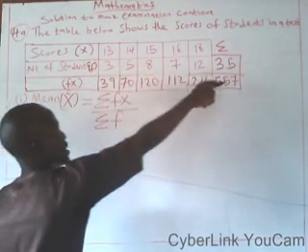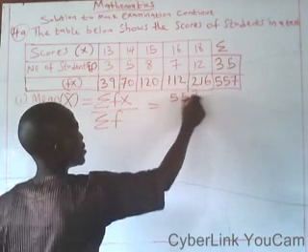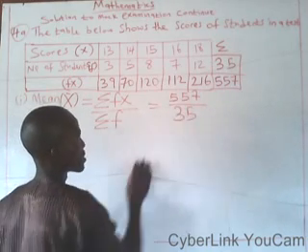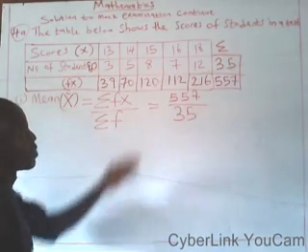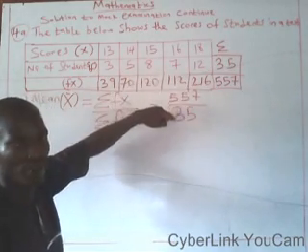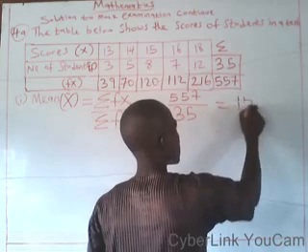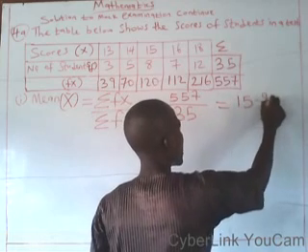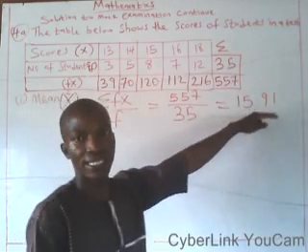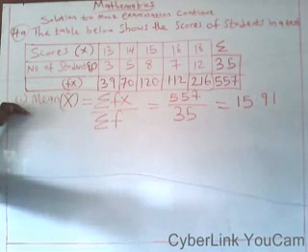The addition that we've made here, which equals 557, divided by 35, which is the summation for frequency. Now, if you divide 557 by 35, it is going to give you 15.91. That is the mean.